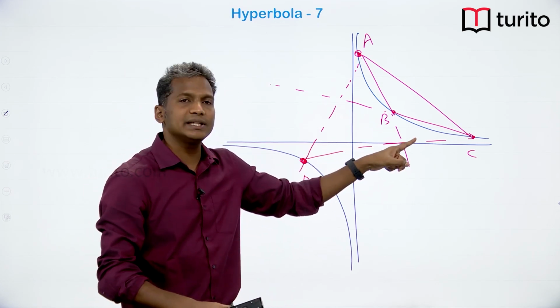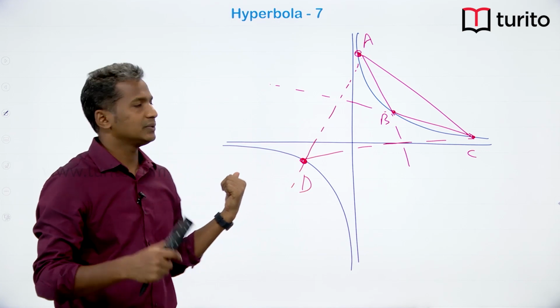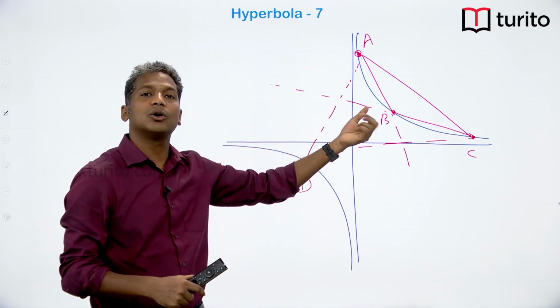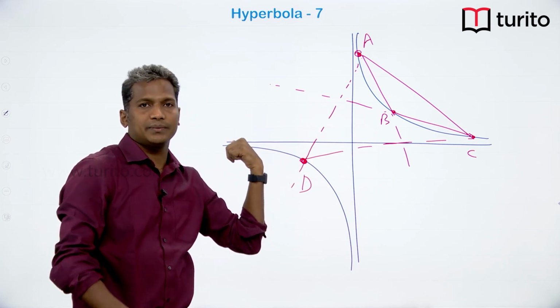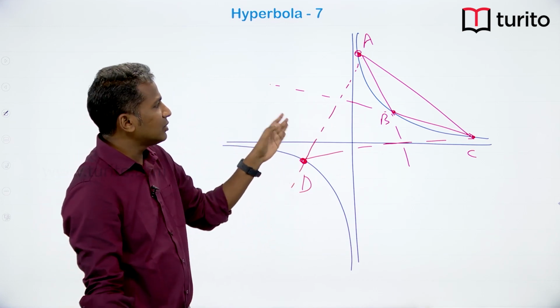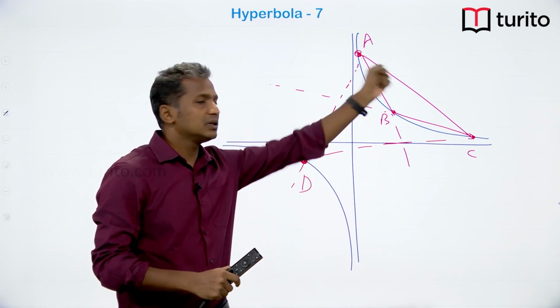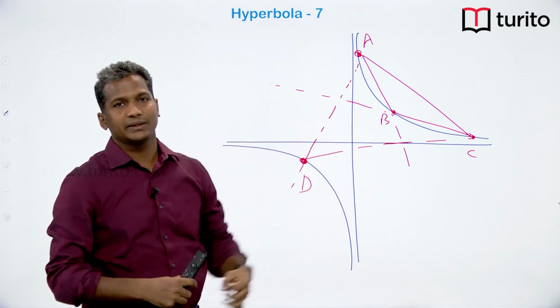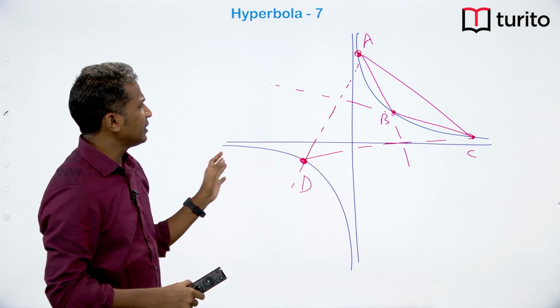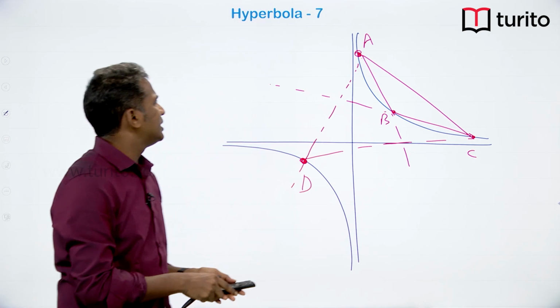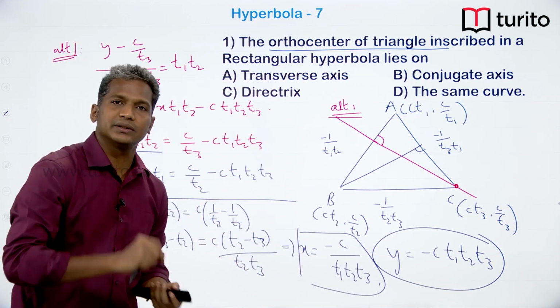For the triangle ABC, D becomes the orthocenter. So if you take all 3 points on the same curve, then the orthocenter will be on the other branch. If you take one point on the other branch, the orthocenter will move to the branch where 2 points are taken. So this way we can understand the geometry also. So with this we will close this question.